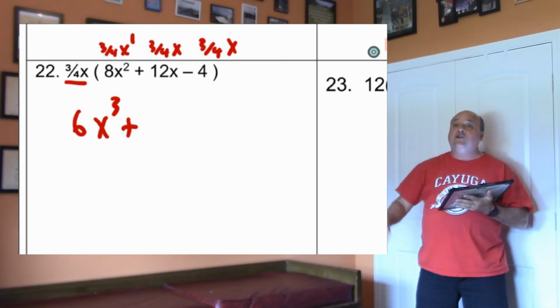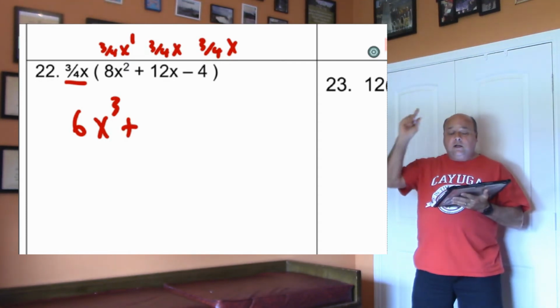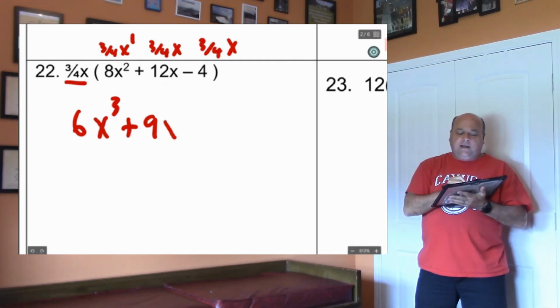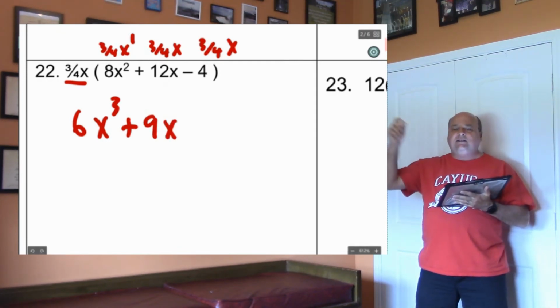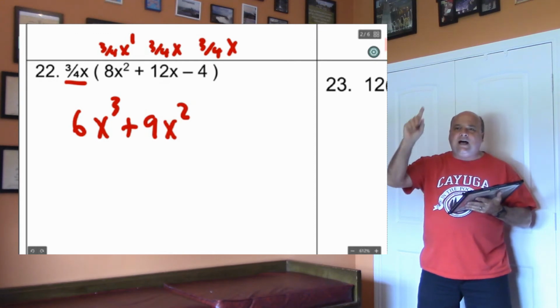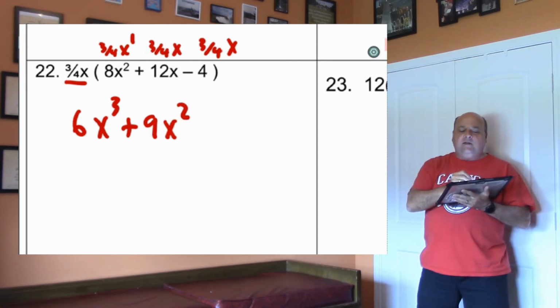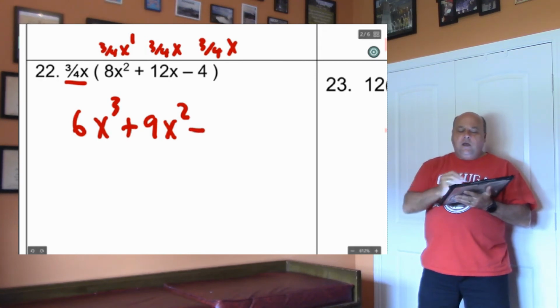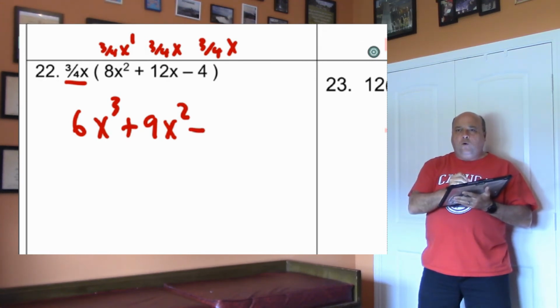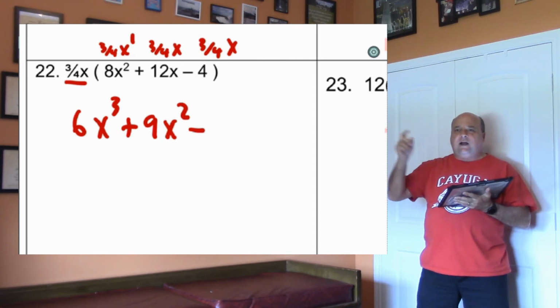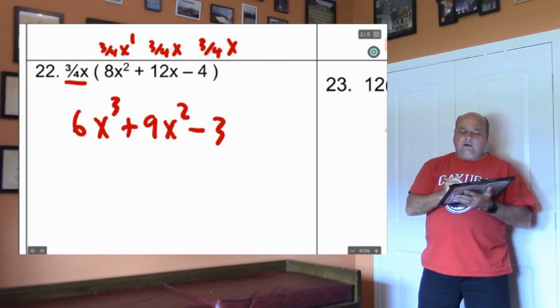Divided by 4 is 9. You can punch it in on your calculator. So the number's 9. My letter's x. X times x is x squared. Sign, number, letter, exponent. Continuing on. A negative times a positive is a negative. 4 times 3 divided by 4. 4 times 3 is 12. Divided by 4 is 3. My letter is x.